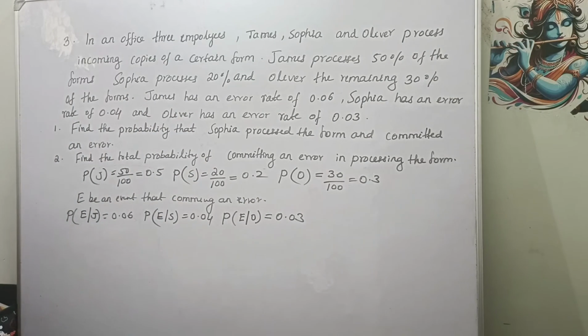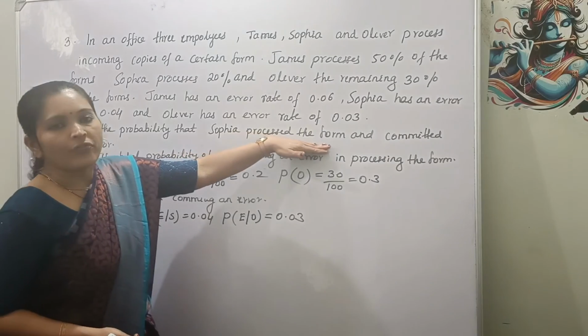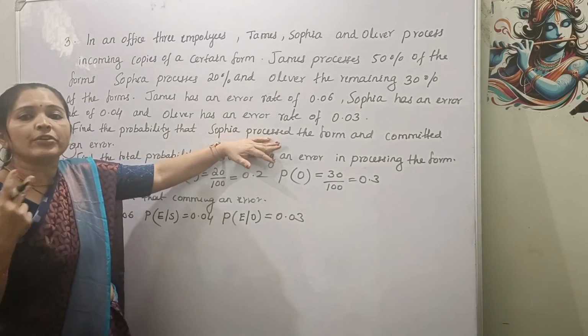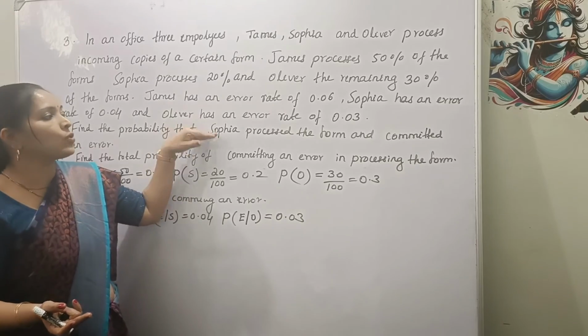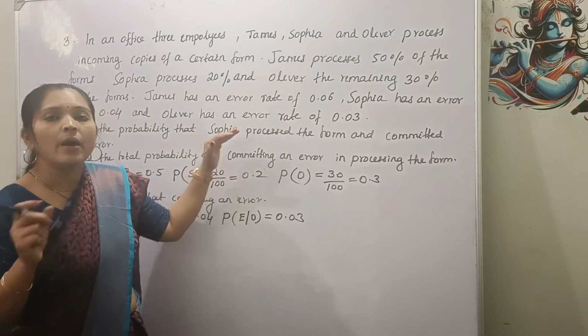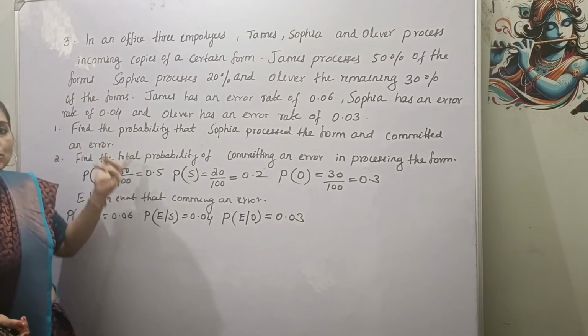Our first question is, find the probability that Sophia processed the form and committed an error. That is probability of processing of the forms by Sophia, that is probability of S. Probability that Sophia processed the form is nothing but probability of S, and committed an error by Sophia.